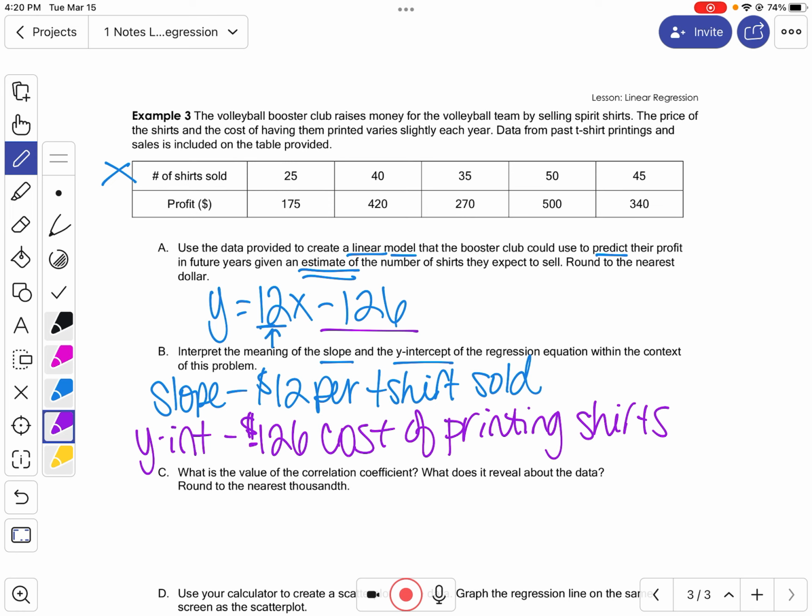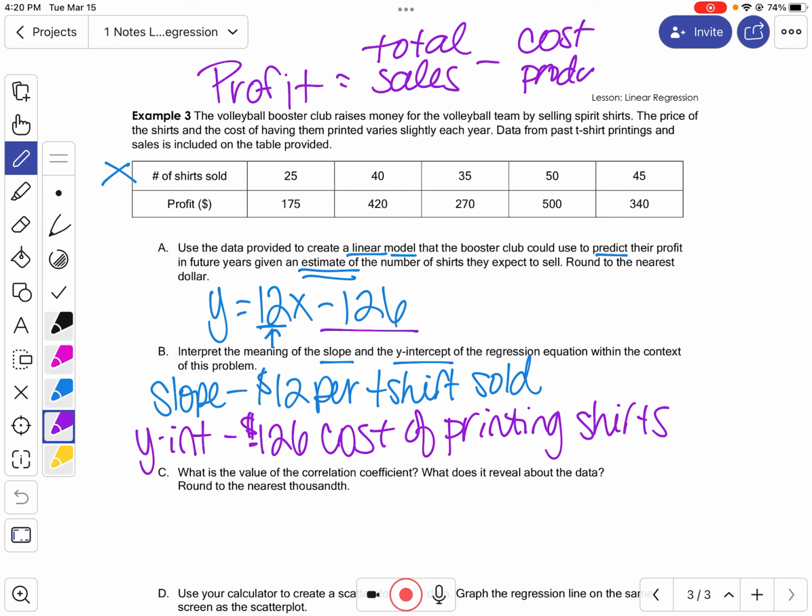Because you're having to take it away from the amount of shirts sold, because we're talking about profit. When you're talking about profit, you're always taking the total sales, if you need to write this down, and taking away the cost to make the item. That should give you your profit.